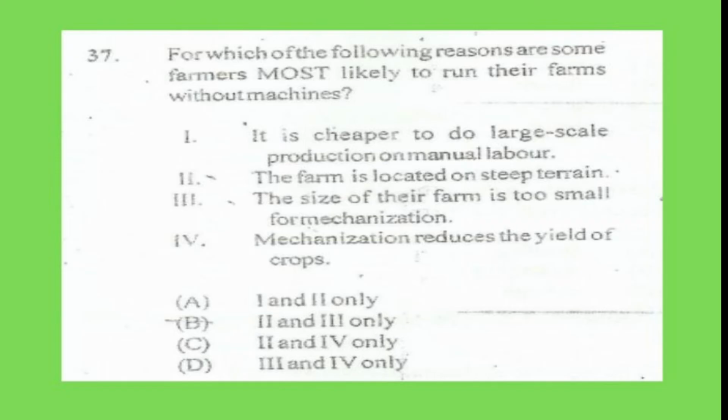Mechanization reduces the yield of crops. A. 1 and 2 only, B. 2 and 3 only, C. 2 and 4 only, D. 3 and 4 only. The answer is B. 2 and 3 only. Of course, if the land is mountainous or hilly, it will not be able to accommodate a lot of machinery.